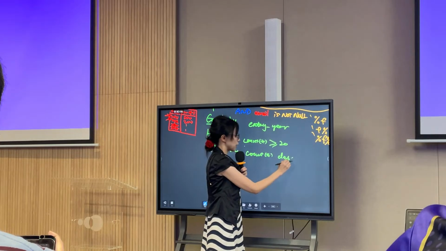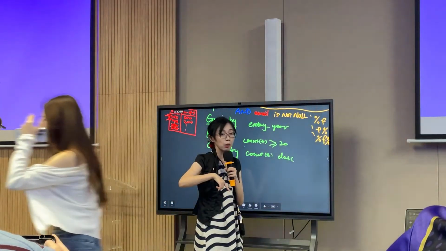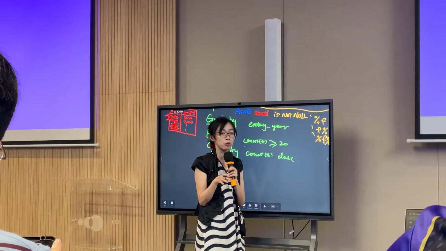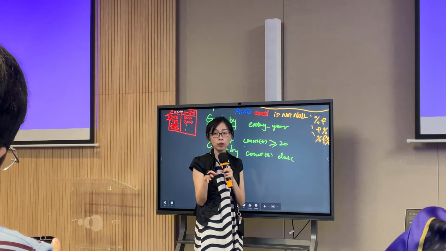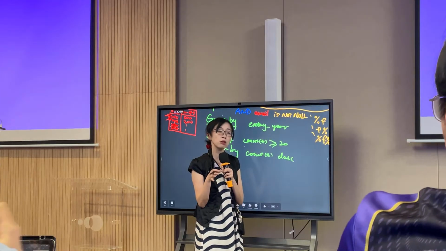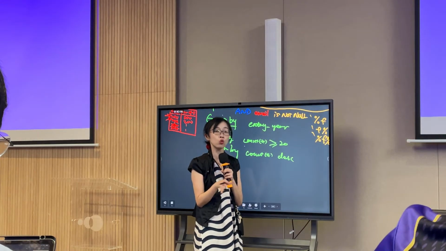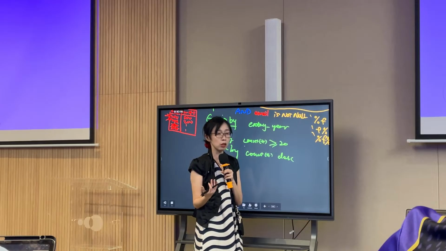So DESC, descending. But you should know some years fully graduated. I think no one is batch 1. In this sense, some years have lose. So if lose, how is it?